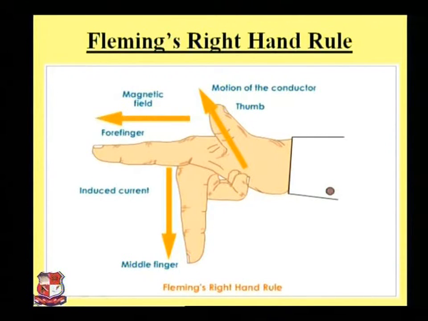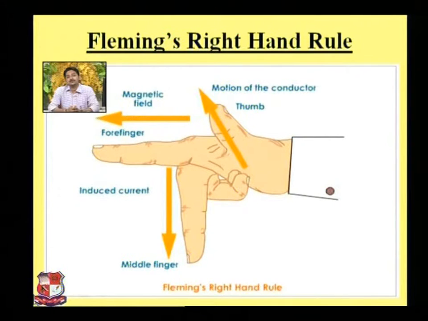See, this is the figure which exactly shows the 90 degrees. All three are at 90 degrees to each other. You can find that your thumb represents the motion of the conductor upward, at exactly 90 degrees your first finger represents the magnetic field, and at 90 degrees to the first finger your second finger represents the induced current.